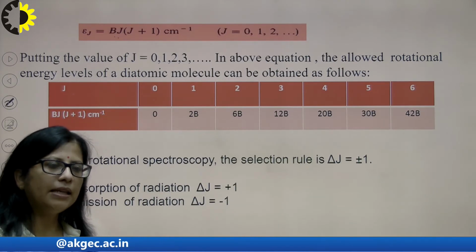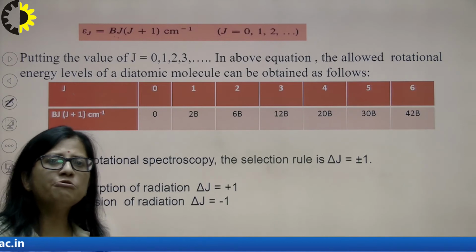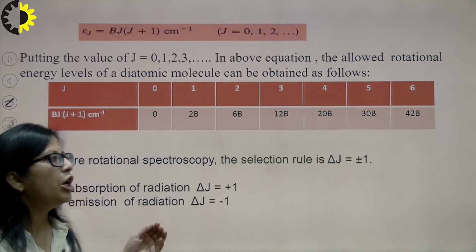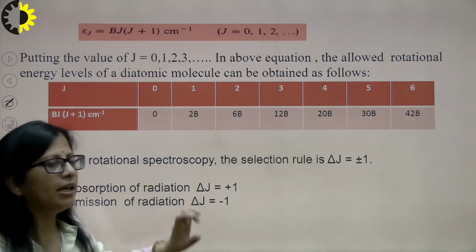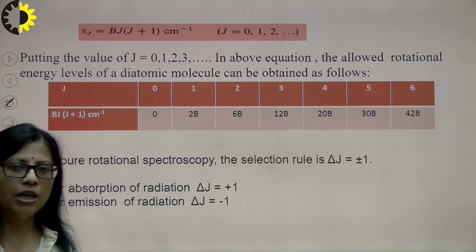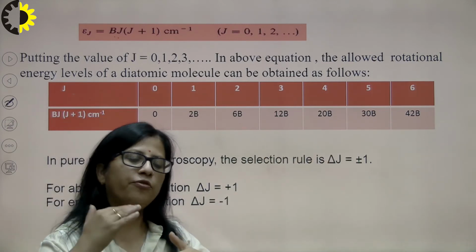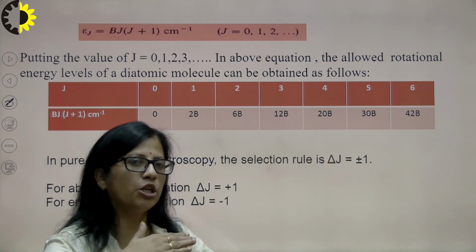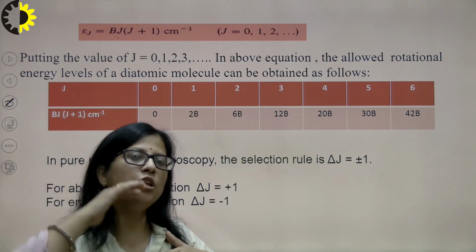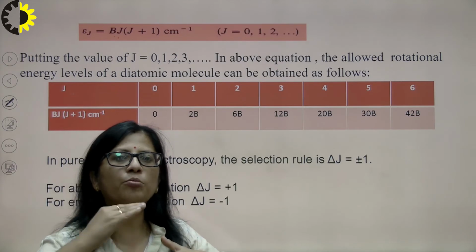And in the case of rotational spectroscopy, the selection rule is that delta J can be either plus or minus 1. Delta J can only be one, so you can move from one rotational level to the next rotational level. It is not that you can keep on jumping the rotational levels. From the first rotational level, you are going to move to the second.